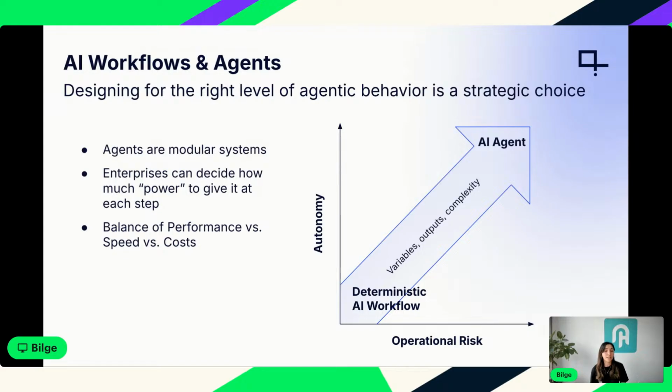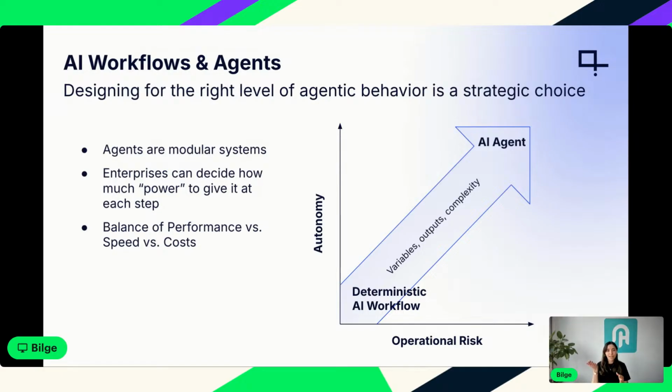And risks are like generating wrong answers, picking wrong tools, or maybe there is a very high latency and you don't want to deal with that. So when these things are important to you, if you're working in a very delicate domain, you might want to use AI agents less and have deterministic AI workflows more.